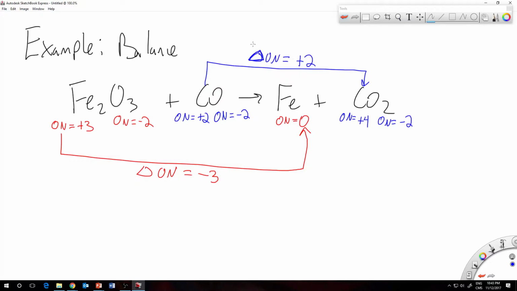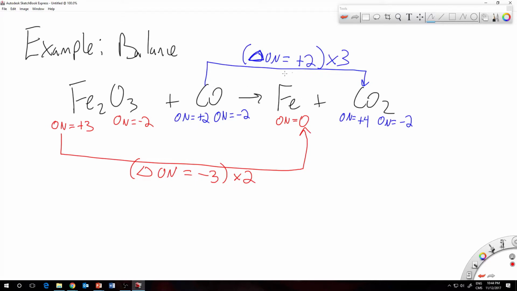So it can't just be 2. If this reaction occurs 3 times, that'll give me a total oxidation number change of +6, which I can easily match down here if I do this reaction twice. And if both of these irons absorb the electrons, then this can occur.